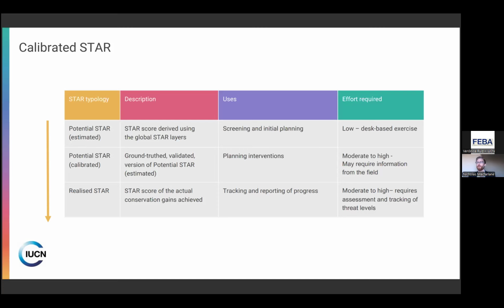But the big picture is about taking the global data sets that have these assumptions baked in, not because it wouldn't be amazing to have population maps and threat maps across the 160,000 species assessments, but just because this information doesn't exist yet, and ground truthing it at the site where the fine scale might be different.